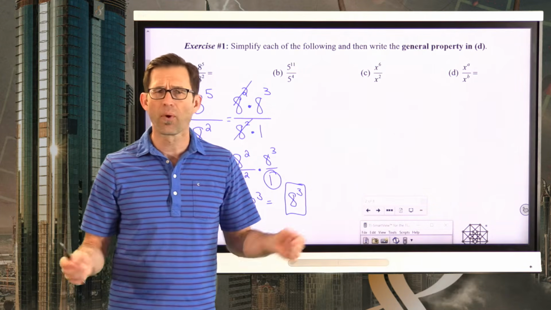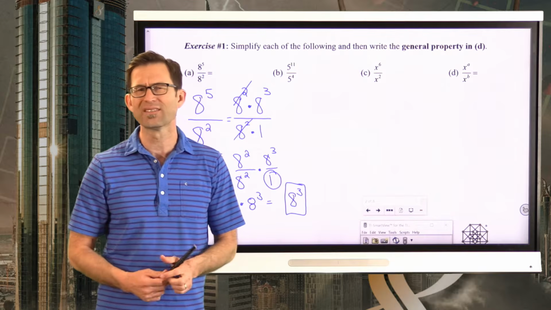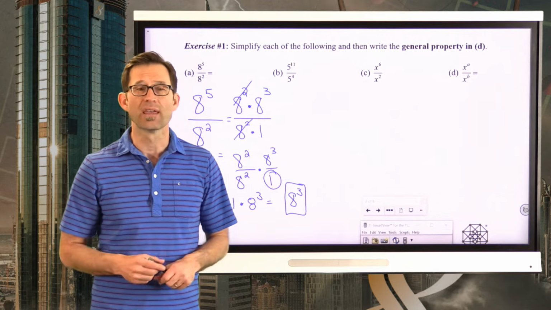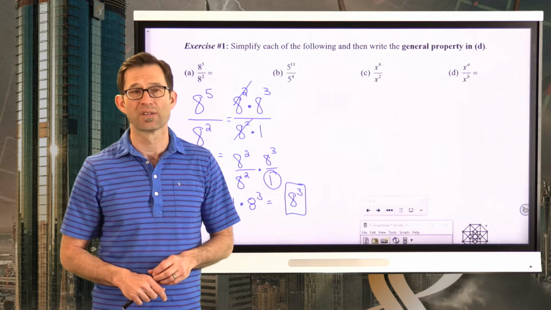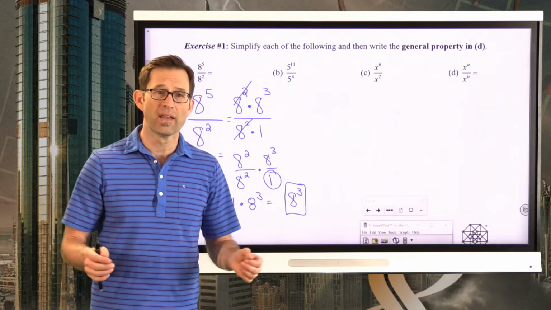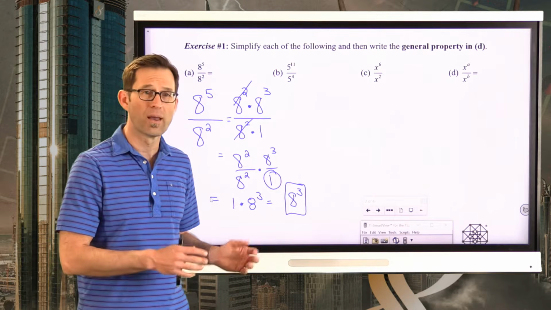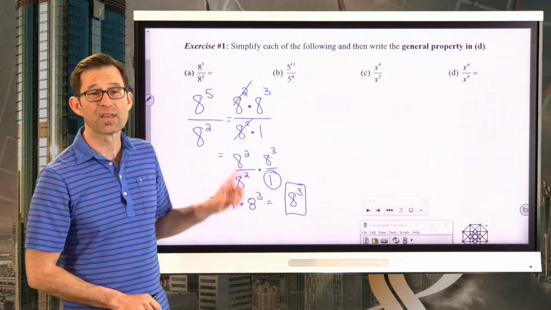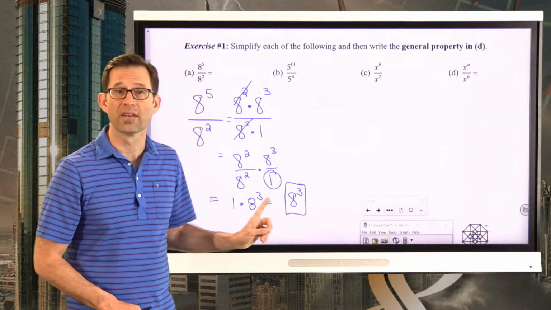I probably will use that terminology as well. It's not really great mathematical terminology. We really shouldn't say canceling 8 to the 2nds. We should probably say 8 to the 2nd is divided by 8 to the 2nd and it's equal to 1 and then 1 times anything, but that takes a lot of time. Anyway, suffice it to say though, 8 to the 5th divided by 8 to the 2nd is 8 to the 3rd.